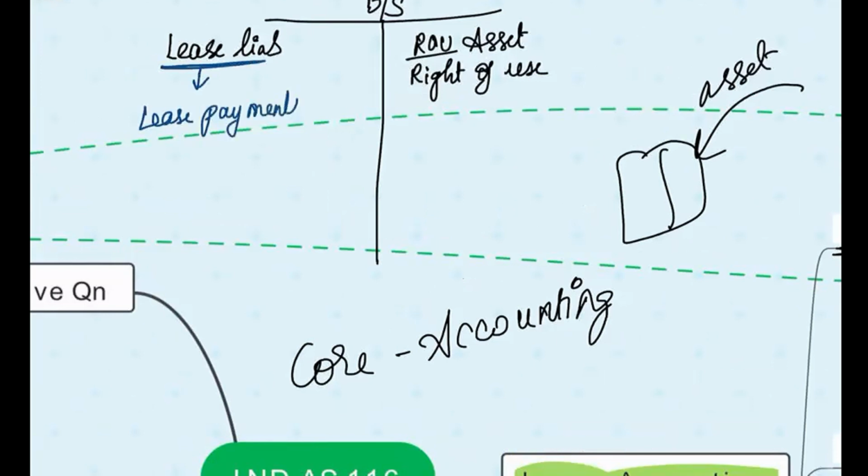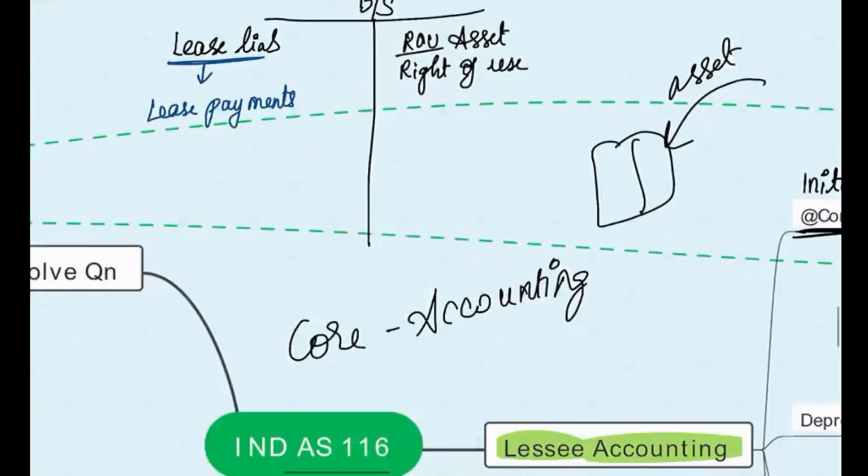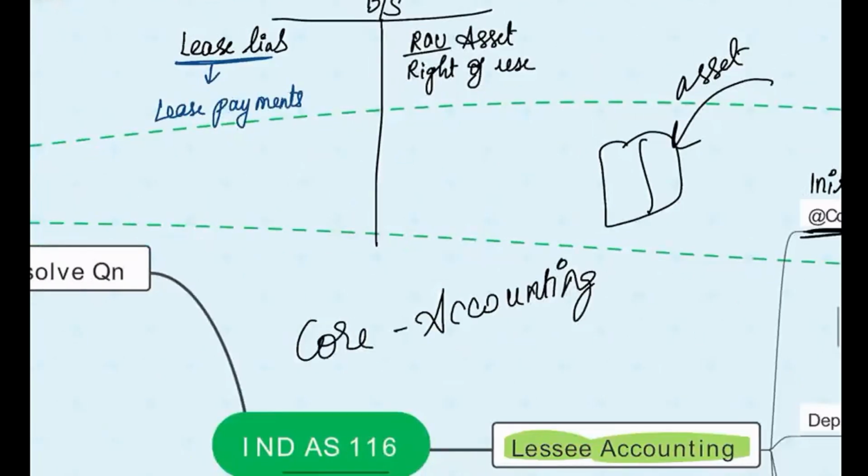At the commencement date, you have to record the lease liability at the present value of lease payments. Over the lease term, whatever value you are going to pay, you have to bring them all to the present value and then record it in your books as a lease liability.